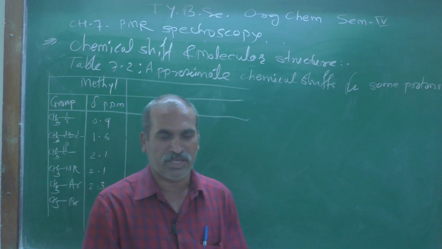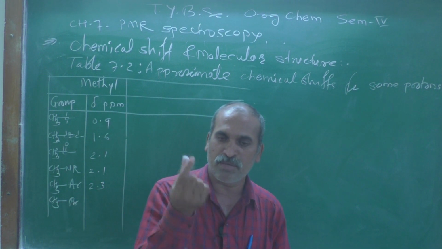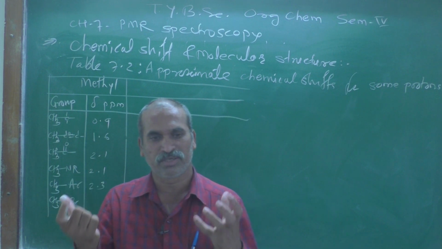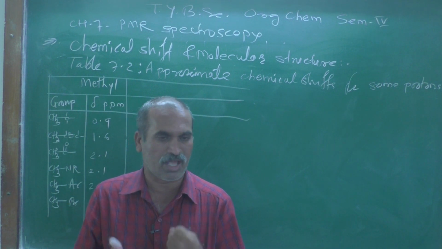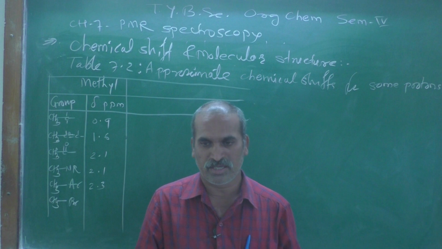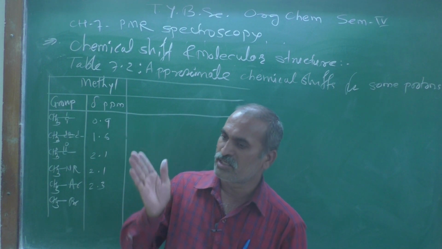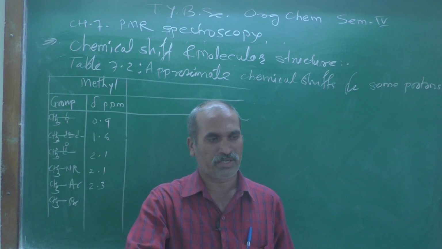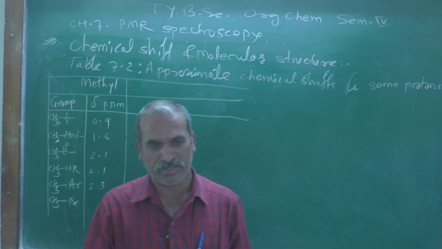And electronegativity means what? It is the power of attraction of electrons toward itself. It is known as electronegativity, and it is one of the properties of an element.